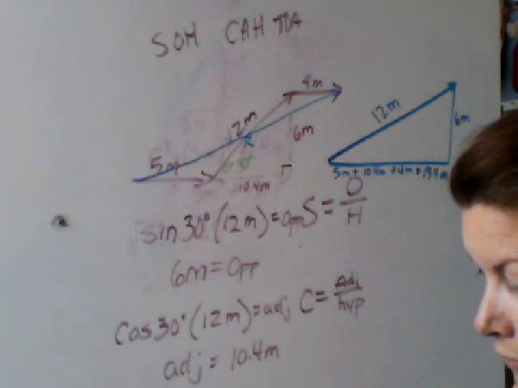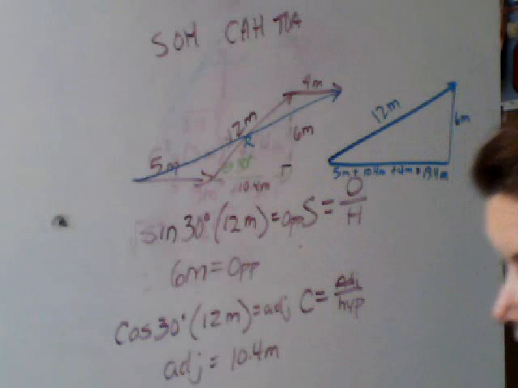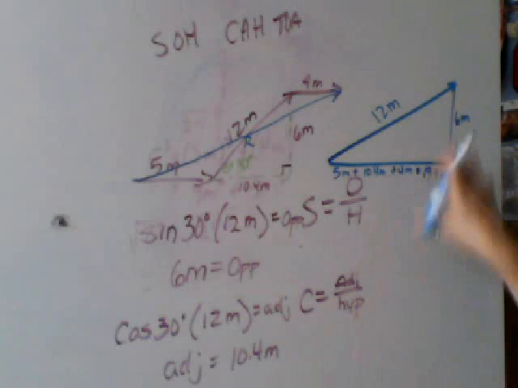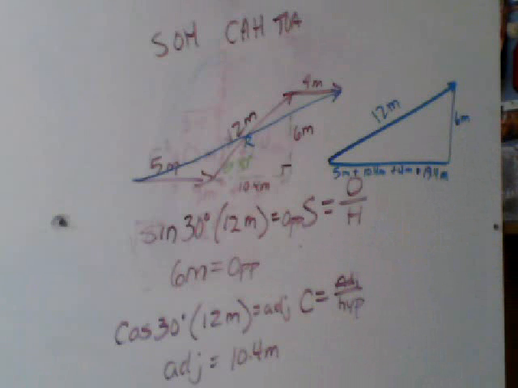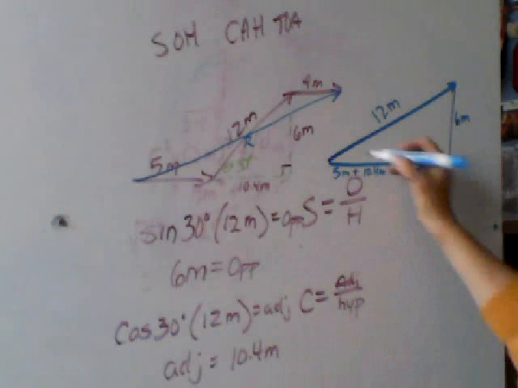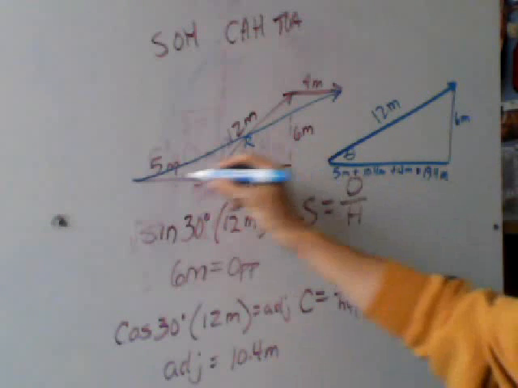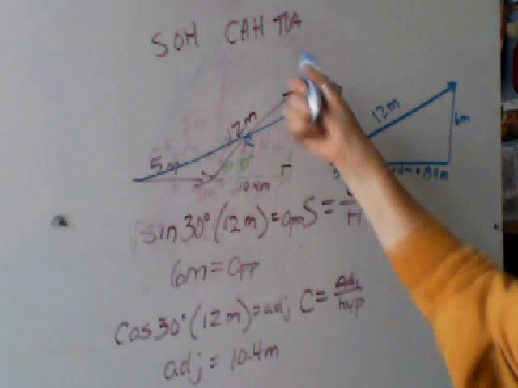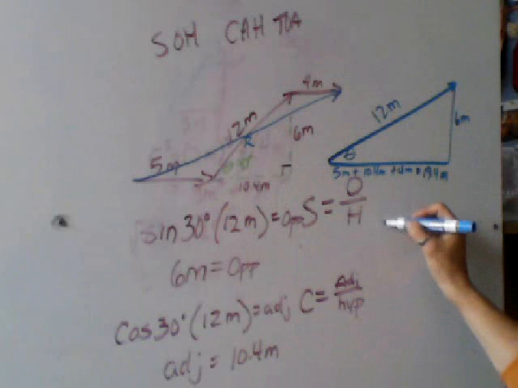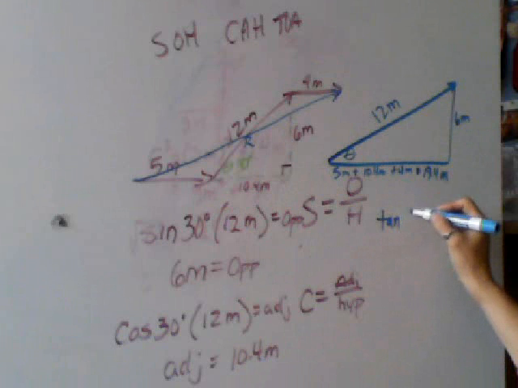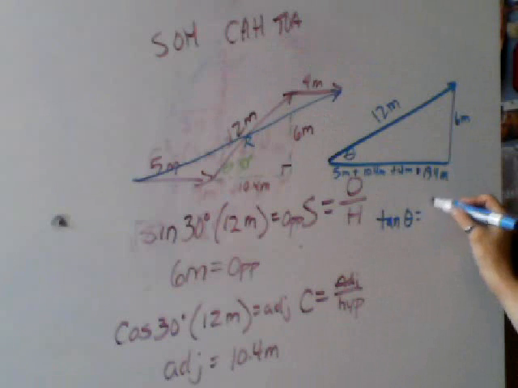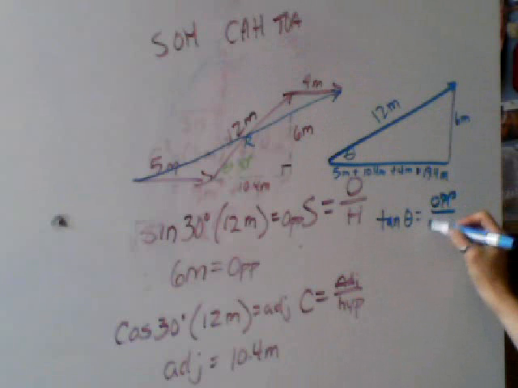And so then if we want to figure out the angle of that, we can go with any of the sides that we have and determine the overall angle of theta. So we haven't used our tangent function yet, so let's use our tangent. So the tangent of angle theta is going to be equal to the opposite over the adjacent.